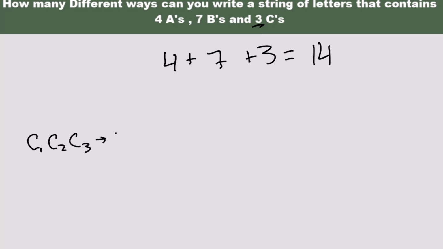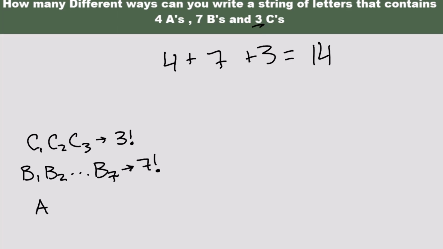Well, we've already done that multiple times at this point. Rearranging 3 things, it's 3 factorial. Same with the B's, B1, B2, so on and so forth, B7. How many ways can we rearrange those? If you said 7 factorial, spot on.